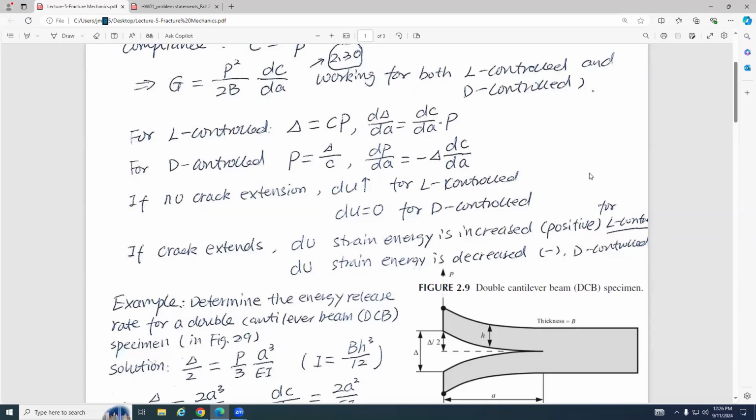Why? Because with load control P is a constant, so I just take this constant out. I only have the derivative of C with respect to A.